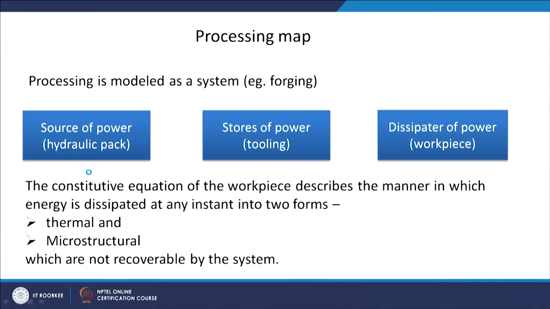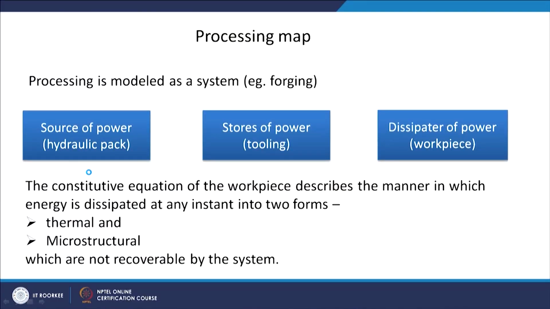Now, already we have seen the constitutive equation. So, the constitutive equation means how the material or workpiece is going to behave. That decides how this energy will be dissipated at any instant, and it will be dissipated in two forms. So, whatever power we are putting in, it will be dissipated in two ways.